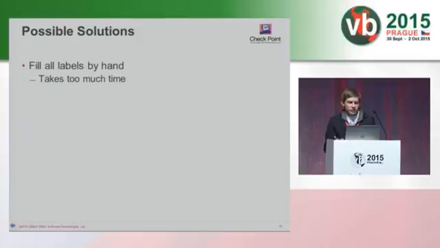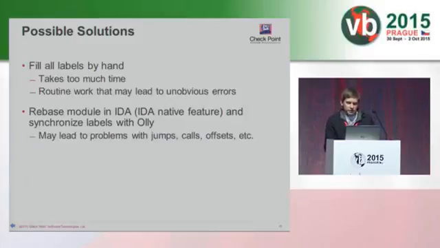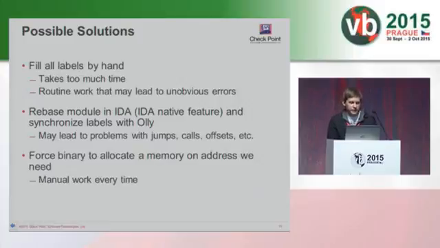We can fill in all labels by hand. It takes too much time and leads to obvious errors. We can also try to rebase the module in IDA itself, but usually it leads to problems with jumps, calls, offsets, and all this kind of stuff.